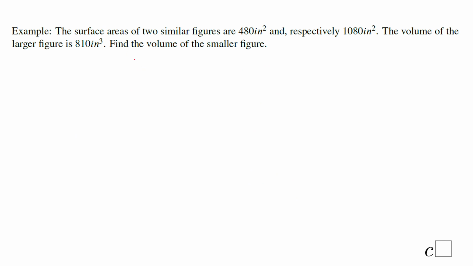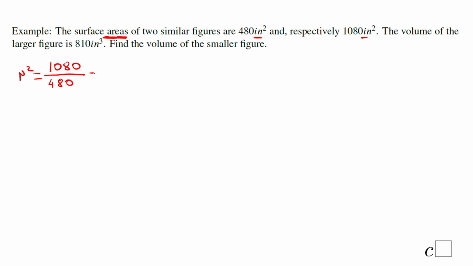We just need to write the ratio. And my piece of advice, start always from large to small. I think it's easier. So in this case, we have 1080 over 480. What is this ratio? This is r squared, because these are the areas. And if you do not remember that, you can see it here, square inches.